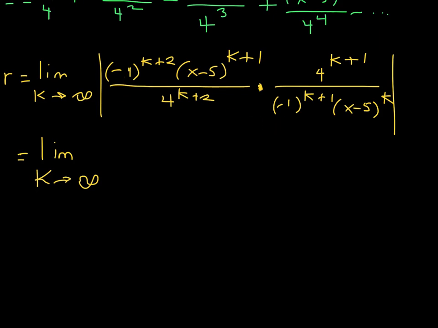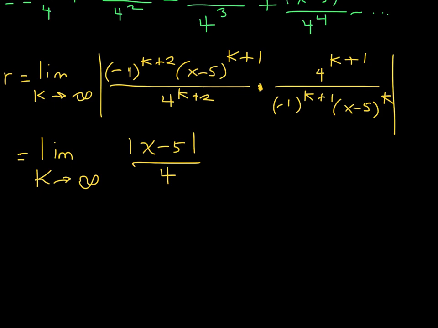And then x minus 5 raised to the power of k plus 1 will divide out with x minus 5 raised to the power of just k and leave you with just one copy of x minus 5. I still have absolute value bars around that. And then in the denominator, 4 raised to the power of k plus 1 will divide out with 4 to the power of k plus 2 and leave you with just one copy of 4 like that. So that's how that simplifies.